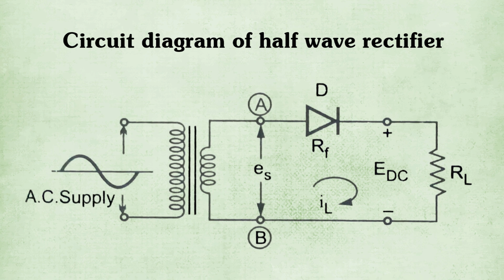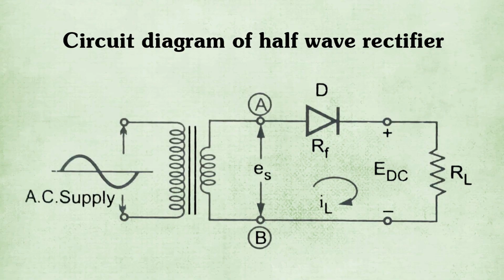Here the primary of the transformer is given the AC supply according to the requirement. That voltage is in most cases stepped down, then the voltage occurring at the secondary of the transformer is given to the rectifying circuit, and it becomes the input to the diode, and from that the output will be obtained at the load side.